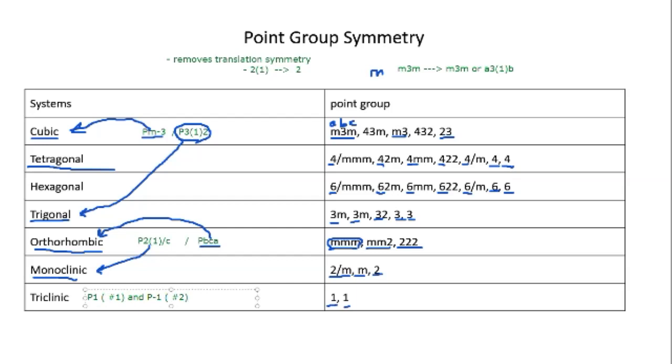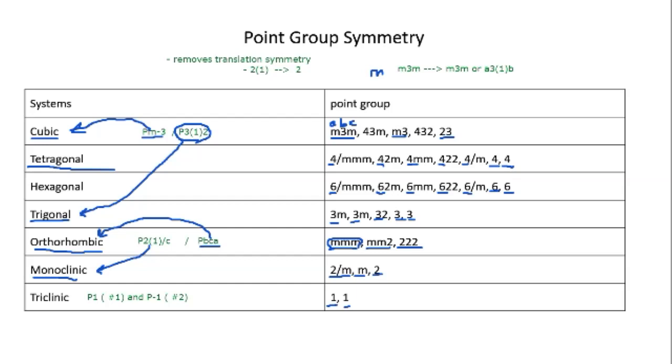So those are the only 2 space groups that are triclinic. And again, what you're seeing here is there's no rotational symmetry, there's no reflection symmetry. You either have the identity as in P1 or you have the inversion center as in P1 bar. That's it. No other type of symmetry is present.